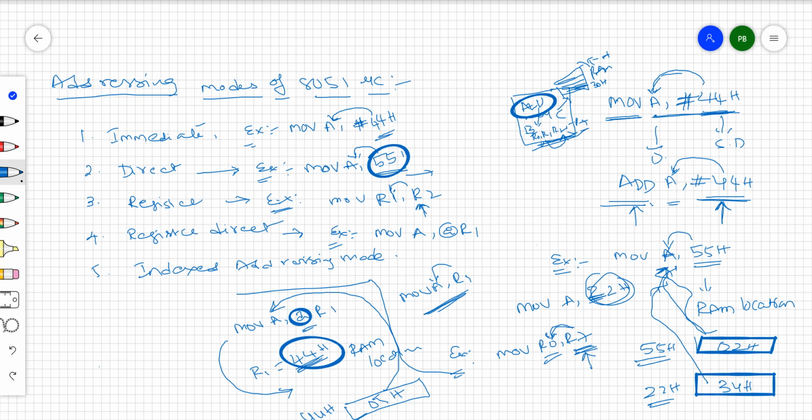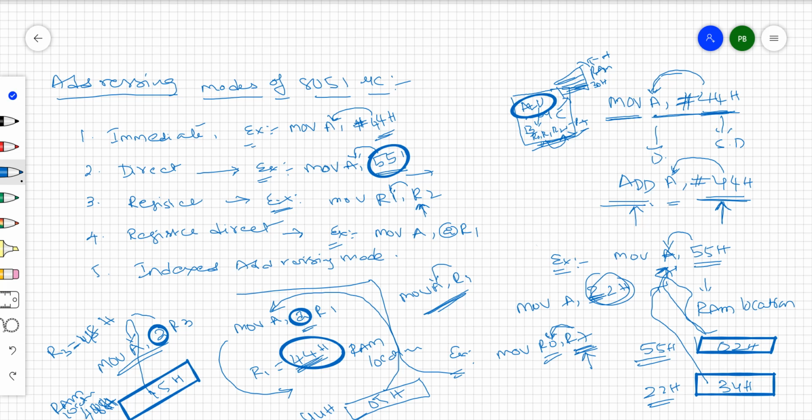For example, if you write MOV A, @R3, right, then what will happen? Before execution of this instruction, if R3 has 48H, then after execution of this instruction, whatever the data present in the 48H RAM location, for example 15H, this 15H will move to the accumulator, whatever the accumulator data may be before execution of this instruction.